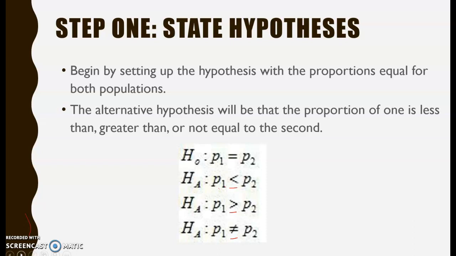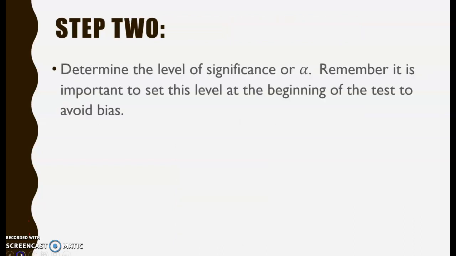So we want to start by setting up our hypothesis with the proportions equal, like we just said, and then our alternative hypothesis will be that we're either less than, greater than, or different from the other population, population 1 and population 2. The second step, as always, we set our level of significance, or our alpha. We do that at the beginning. Again, to keep ourselves honest, set the error early.